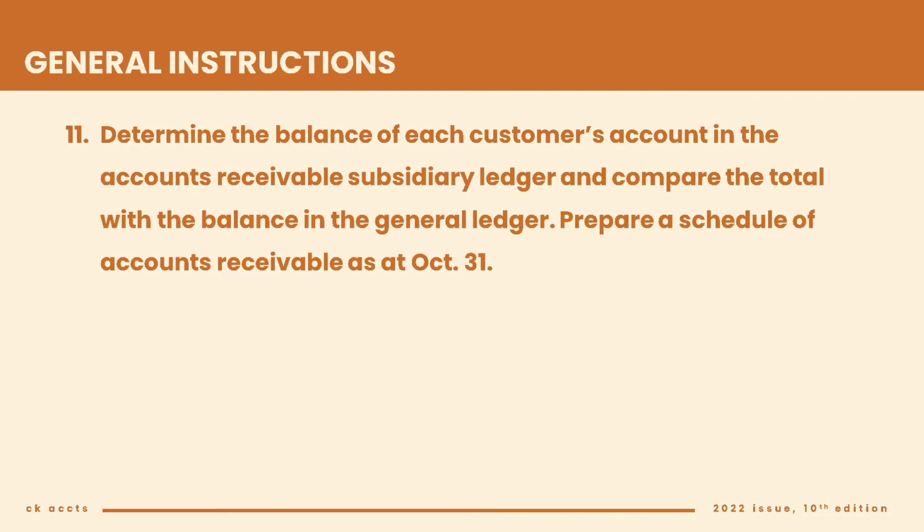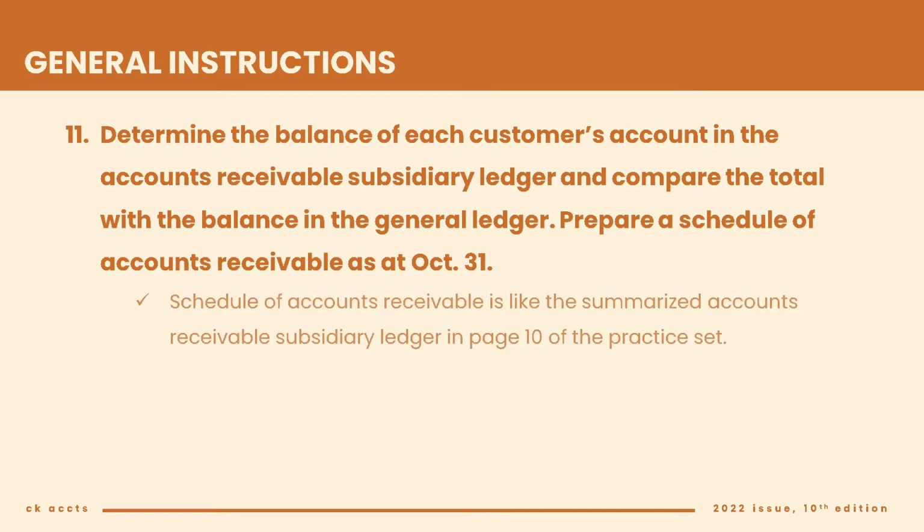Then, gagawa tayo ng schedule or isa-summarize natin kung magkano yung balances ng bawat customers. So, schedule of accounts receivable is like the summarized accounts receivable subsidiary ledger in page 10 of the practice set.